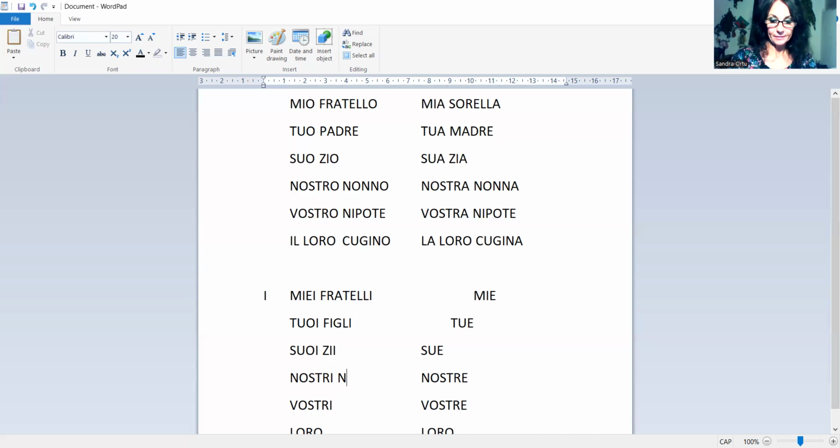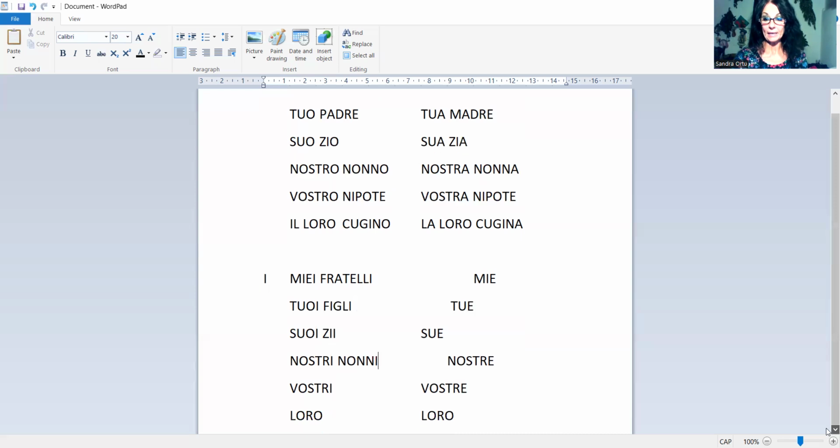We can have nonni, so the grandparents, or also grandfathers, if we're talking about two grandfathers. And then we have nipoti, which is grandchildren or nephews.